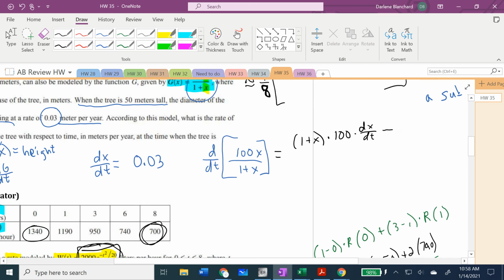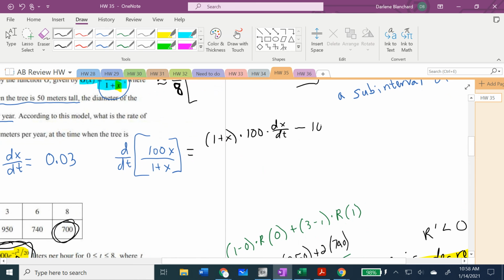That was low d high minus high d low. For d low, you're looking at taking the derivative of 1 plus x with respect to time. The 1 alone is 0, but the x is dx dt. Square the bottom and away we go.